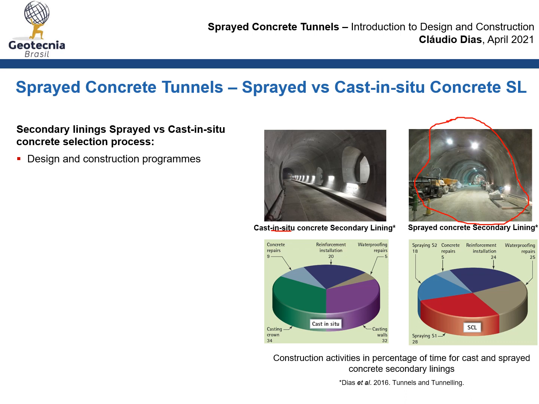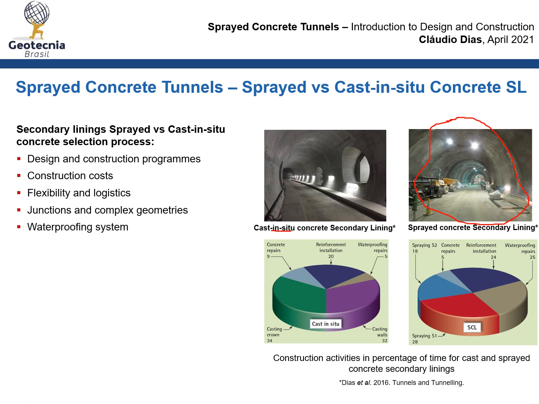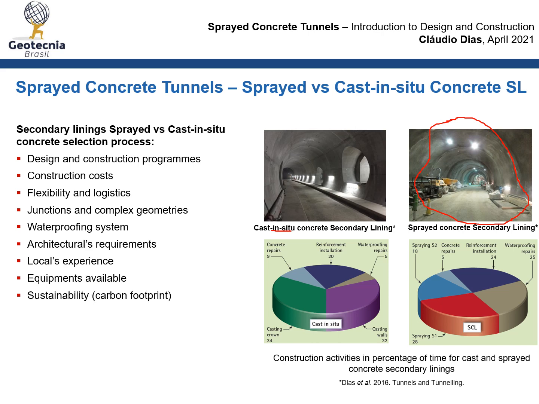As you can see in these graphs, each one of these methodologies has different activities. Also construction costs, flexibility and logistics, junctions and complex geometries. Typically, in the case of cast in situ in junctions, these lead to very complex formworks, waterproofing system, architectural requirements, local experience, equipment available, and sustainability.